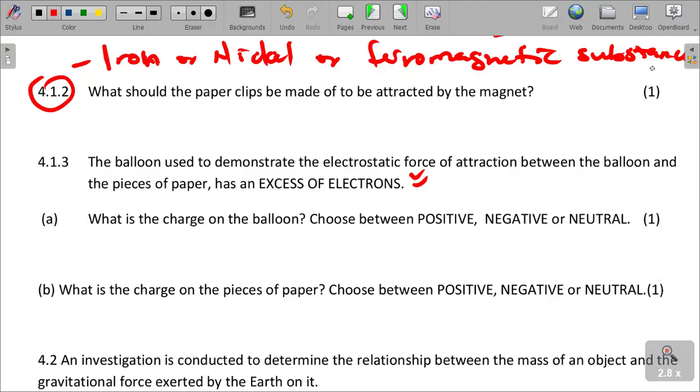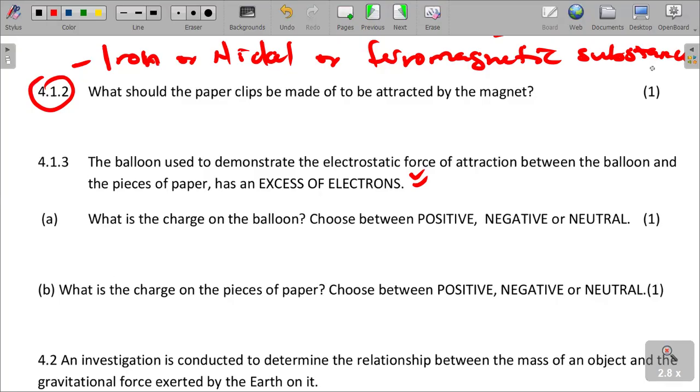So now we are saying the balloon, for it to attract those pieces of paper, is used to demonstrate electrostatic force. It has got excess electrons. So what is the charge on the balloon? The balloon is actually having electrons.